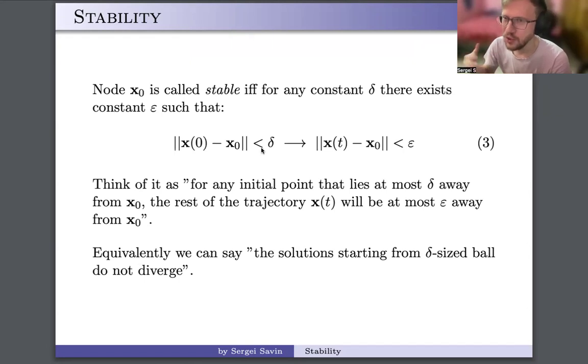From the definition, right? We could get rid of delta from the definition, but you have to ask yourself, what would allow us to do it? What would allow us to get rid of delta is some kind of class of systems where all solutions behave sort of similar, right? So if a node is stable, it is stable for delta which is as large as you want, where it doesn't matter really what delta you pick.